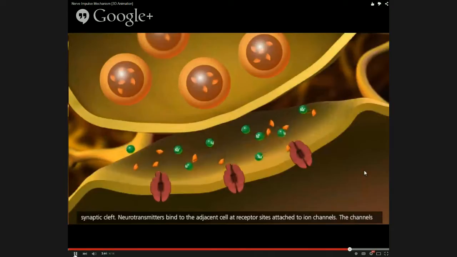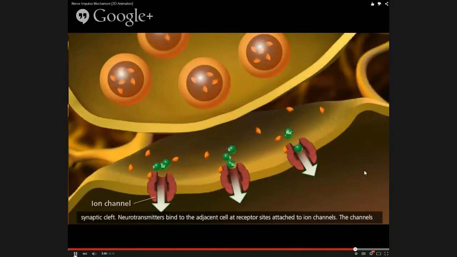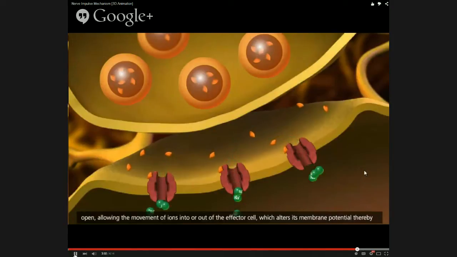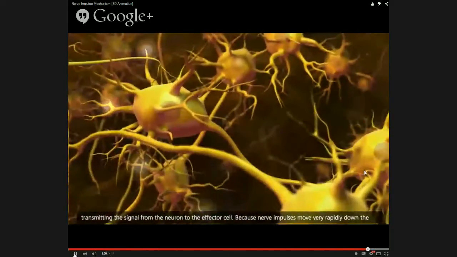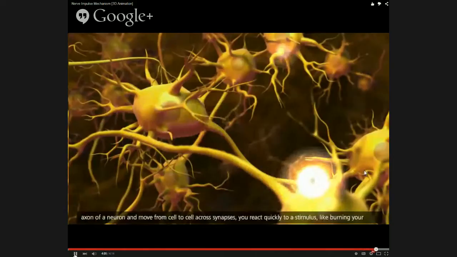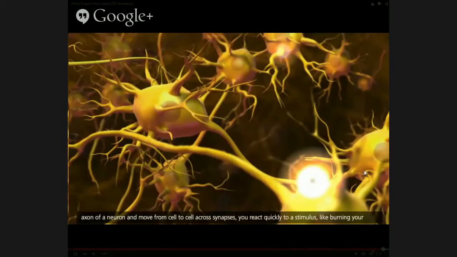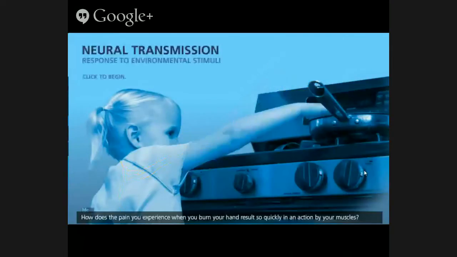Neurotransmitters bind to the adjacent cell at receptor sites attached to ion channels. The channels open, allowing the movement of ions into or out of the effector cell, which alters its membrane potential, thereby transmitting the signal from the neuron to the effector cell. Because nerve impulses move very rapidly down the axon of a neuron and move from cell to cell across synapses, you react quickly to a stimulus, like burning your finger.